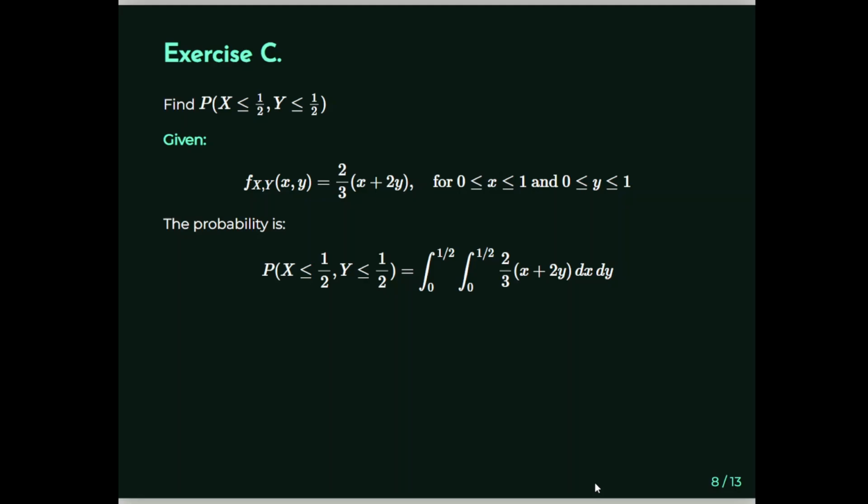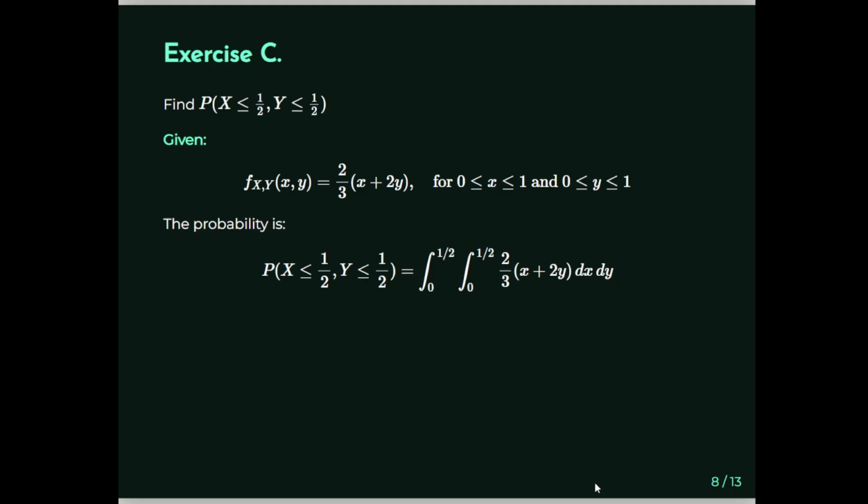Now this is the important bit here because this gives us a lot of information that we will need, particularly when we need to determine limits of integration in various calculations, in this case the lower bound. The limits of integration are derived from the support of the function: 0 less than or equal to x less than or equal to 1, and 0 less than or equal to y less than or equal to 1.